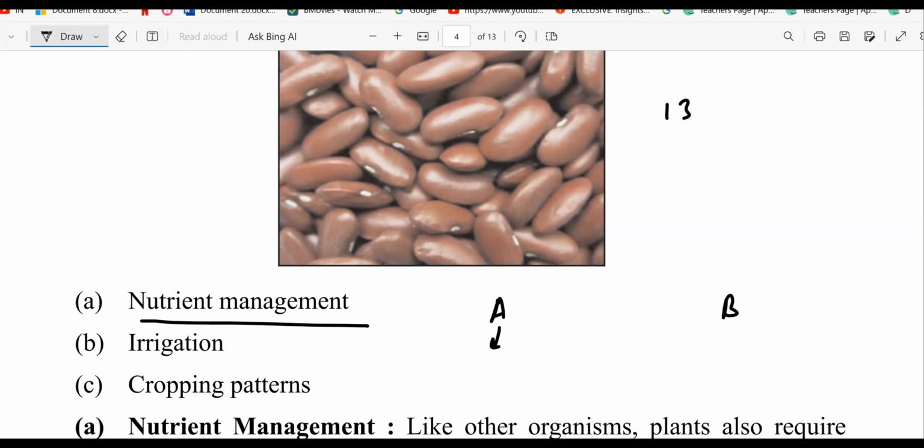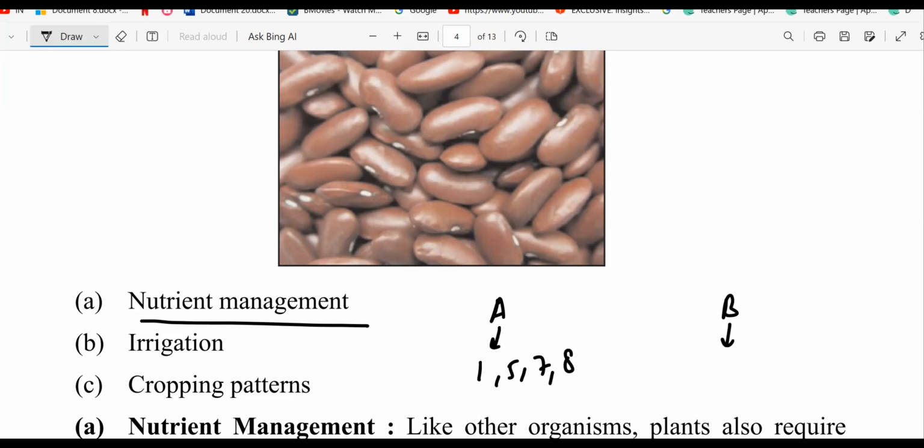There are 13 essential nutrients that are required by the plants. But out of those 13, this crop A requires 1, 5, 7, and 8 in large amount.